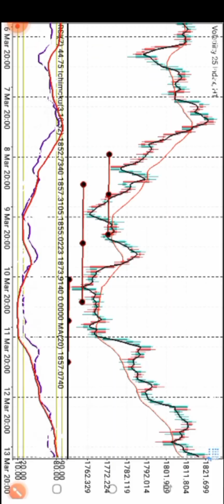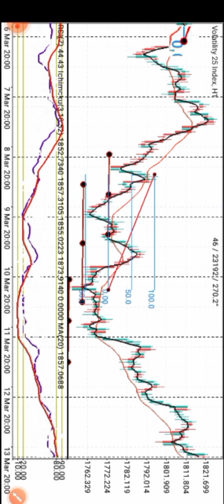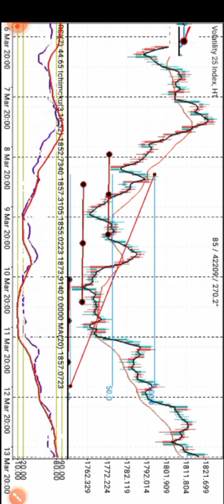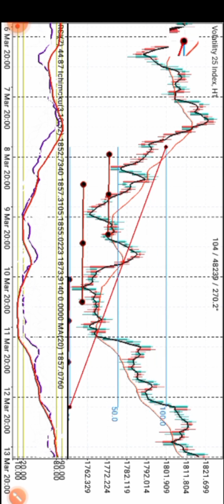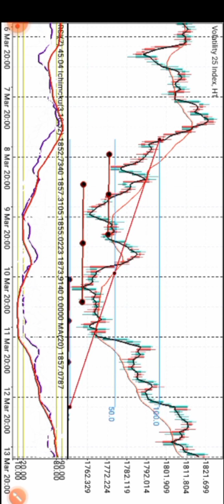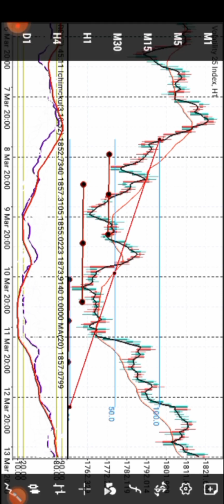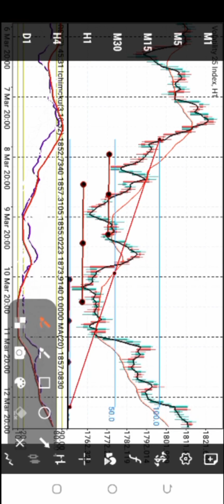Your entry should be, let me show you that one. Let me pull out my fib. It started from here, right? So once price has gone past the 50 Fibonacci level, let me show you.